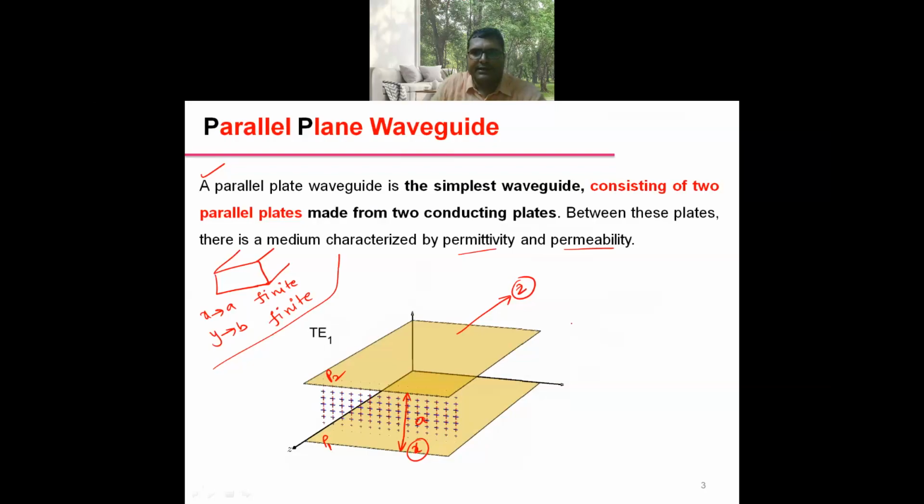In case of a parallel plane waveguide, the distance along x, that is a, is finite, and the distance along y, b, is infinite. That is the difference between parallel plane waveguide and rectangular waveguide. That is, b equal to infinity means the waveguide is infinitely extended along the y-axis.